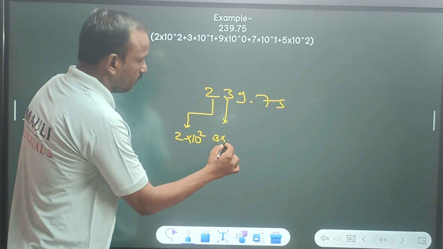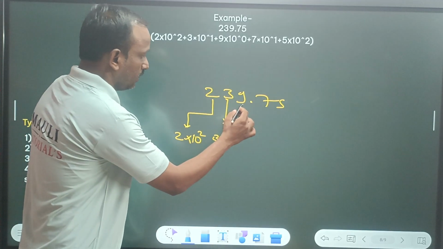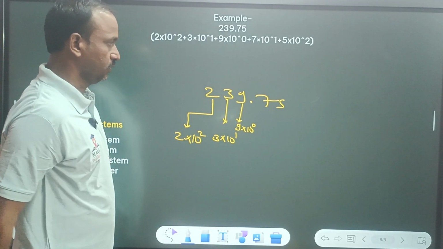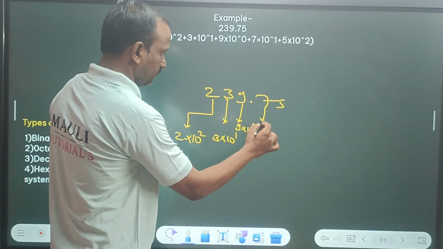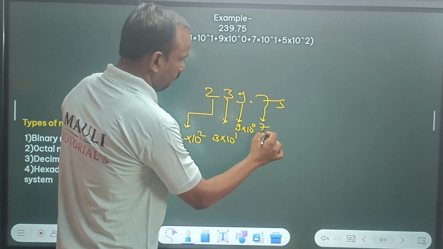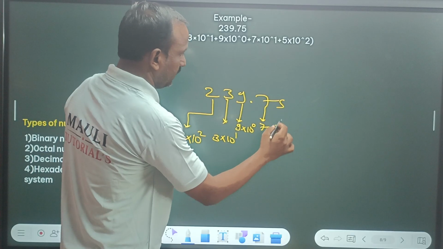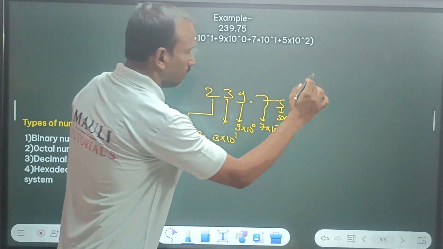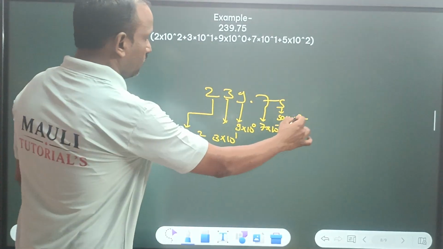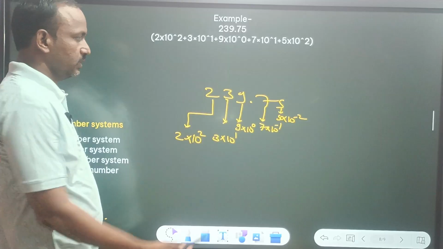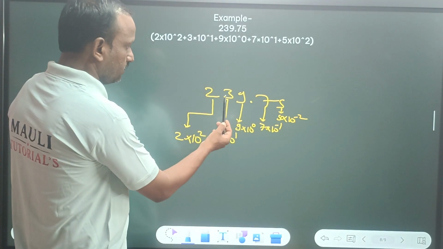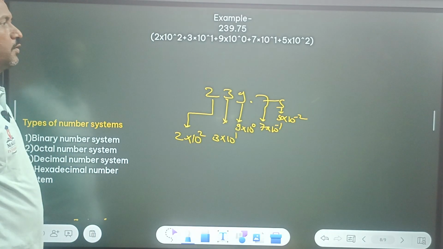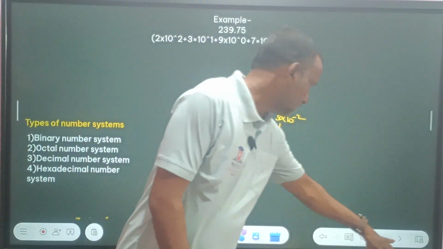Then 3 into 10 raised to power 1, 9 into 10 raised to power 0, 7 into 10 raised to power minus 1, and 5 becomes 5 into 10 raised to power minus 2. This is the weight of that number: 1s place, 10s place, 100s place. Okay, this is the weight of the number system.